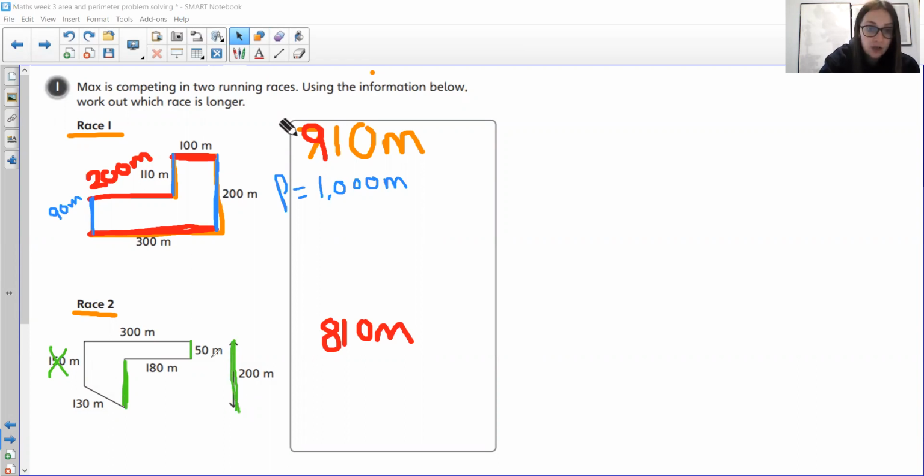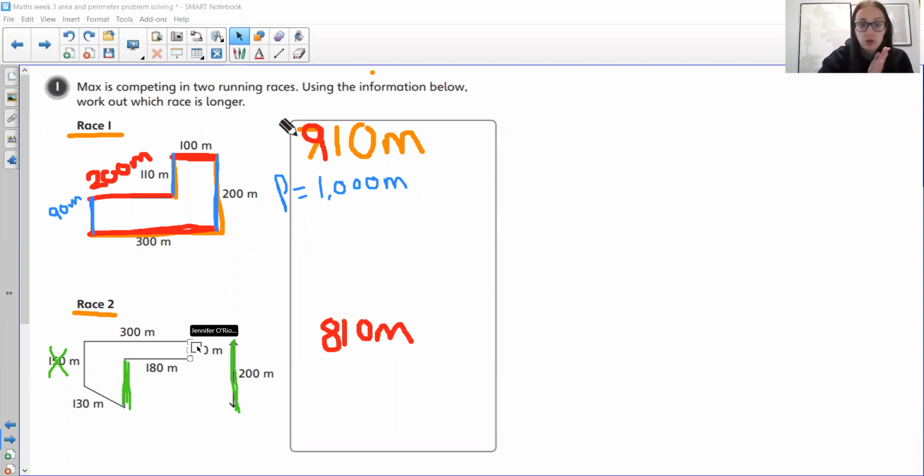So the whole thing is 200. So that tells me that this little 50 meters, can move it, that bit there, and this bit here, that adds together to make my 200 meters. So if this bit is 50 meters, what must this bit equal to make it 200?